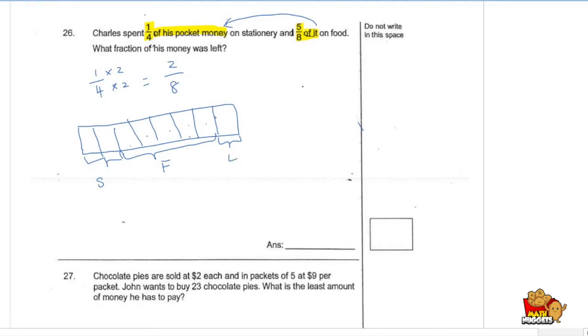So the answer will be 1/8. But how do I show my working? I will start from 8 out of 8, the entire thing. I take away what he spent on stationery, which is 2 out of 8, and I take away what he spent on food, which is 5 out of 8, and I end up having 1 out of 8 left.